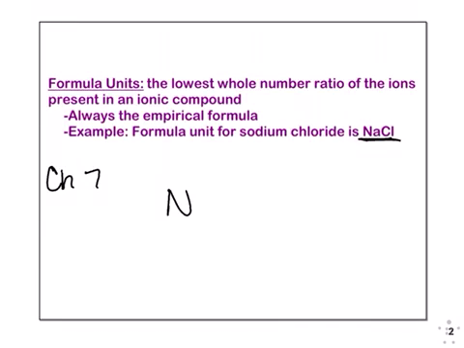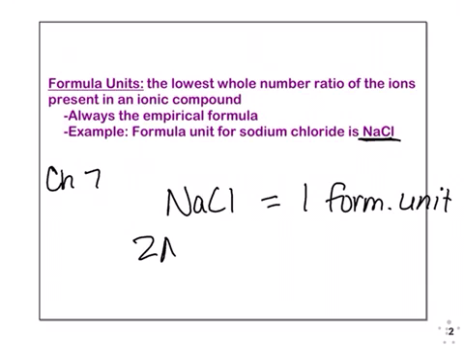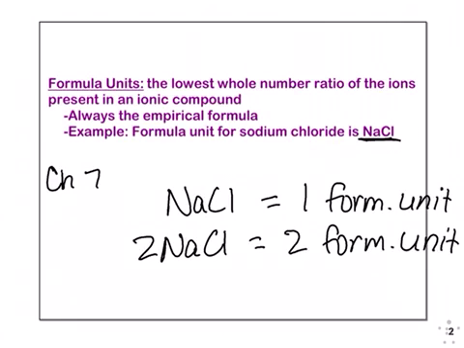So NaCl right here is equal to 1 formula unit. 2 NaCl is equal to 2 formula units. I used to abbreviate formula units FU, and then I figured that looked bad. 1 FU, 2 FUs.